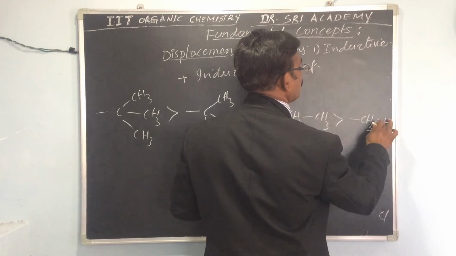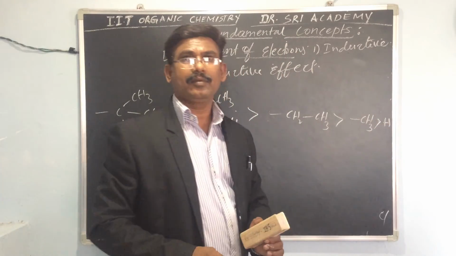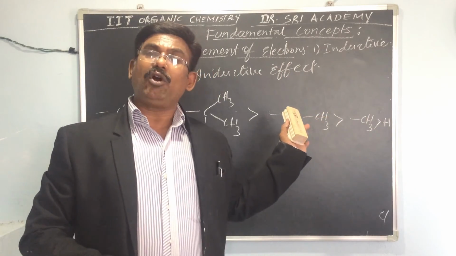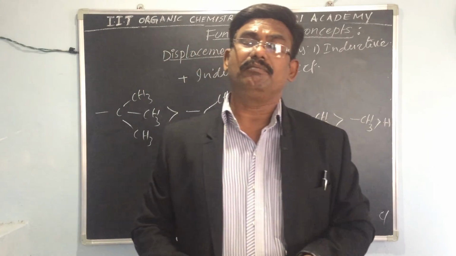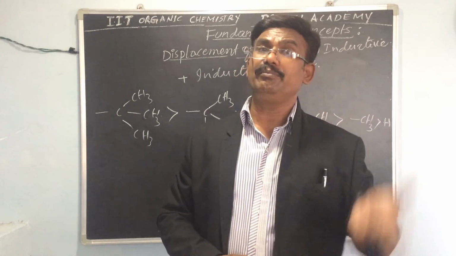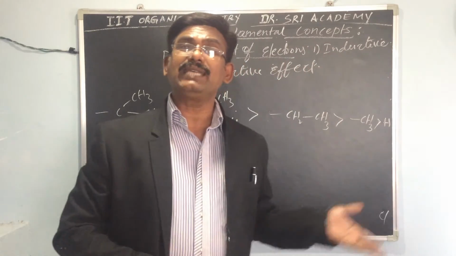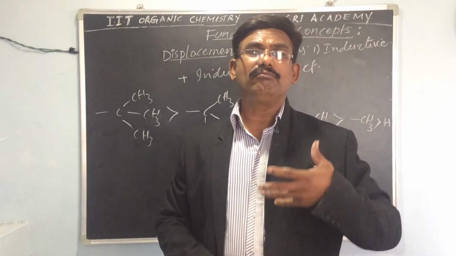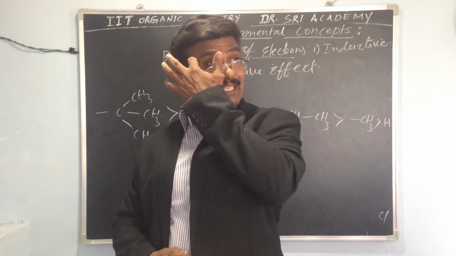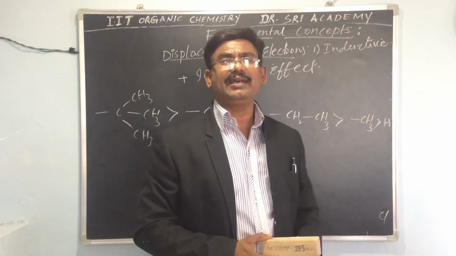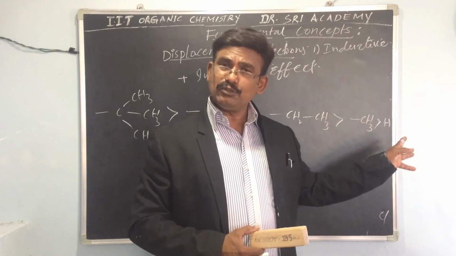hydrogen. So this is the electron releasing nature. But one thing you have to note, one thing you have to remember. The plus I effect depends upon the bulky group. The size of the group is important. Here hydrogen has a smaller size of atom compared to the methyl.